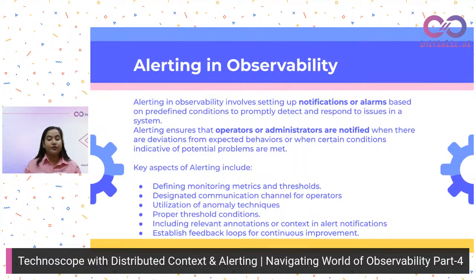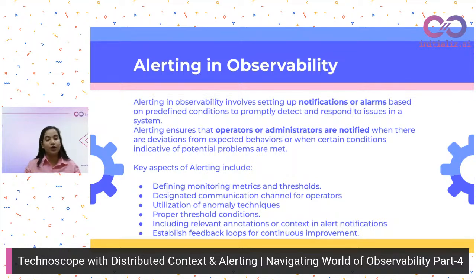In the context of observability, alerting ensures that operators or administrators are notified when there are deviations from expected behaviors or when certain conditions indicative of potential problems are met. Some of the key aspects of alerting are that it relies on monitoring metrics such as response times, error rates, or resource utilization.